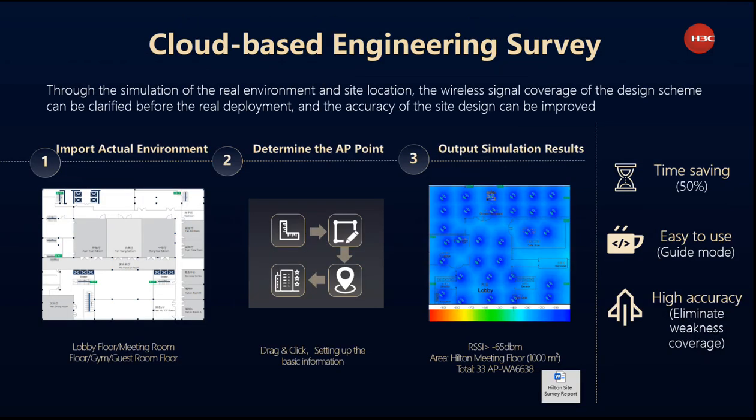Just a little bit more about the cloud-based engineering survey. It's built into CloudNet and it's 100% free. You upload your floor plans, your blueprint, whatever you have. You draw in your obstacles, your walls, your windows, anything that's relevant into that environment, and you calibrate the scale of the site into CloudNet.